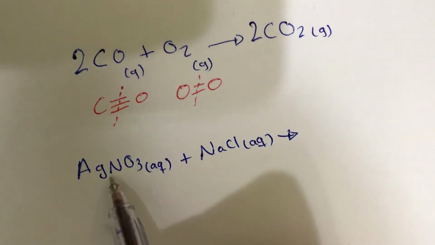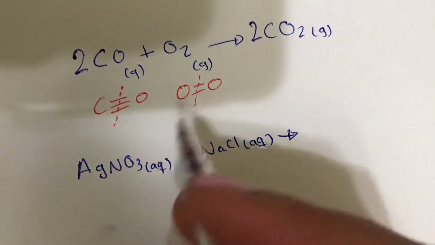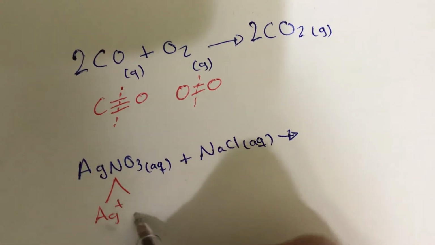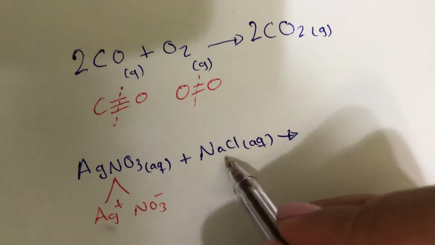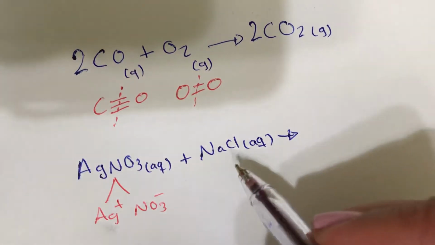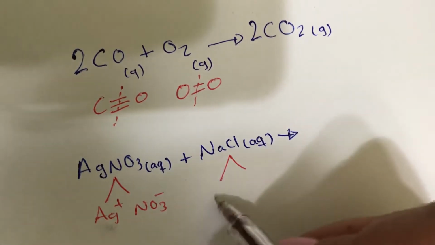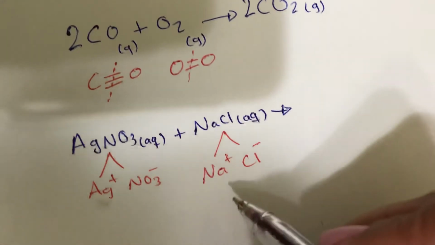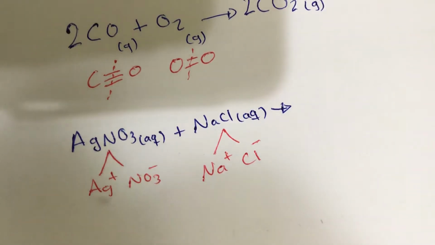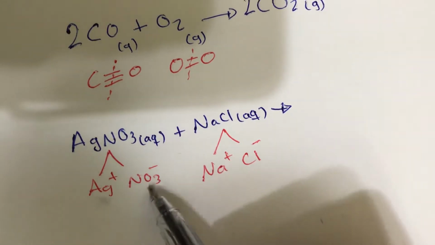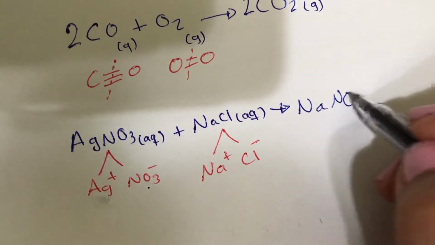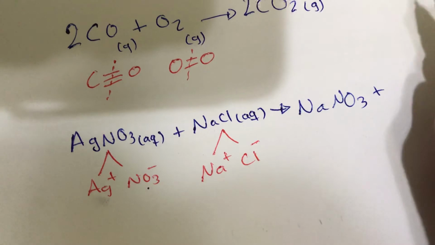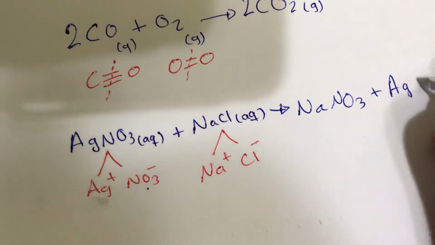Here, silver nitrate, when dissolved in water, dissociates to silver ion and nitrate ion. And sodium chloride, when dissolved in water, dissociates to sodium ion and chloride ion.